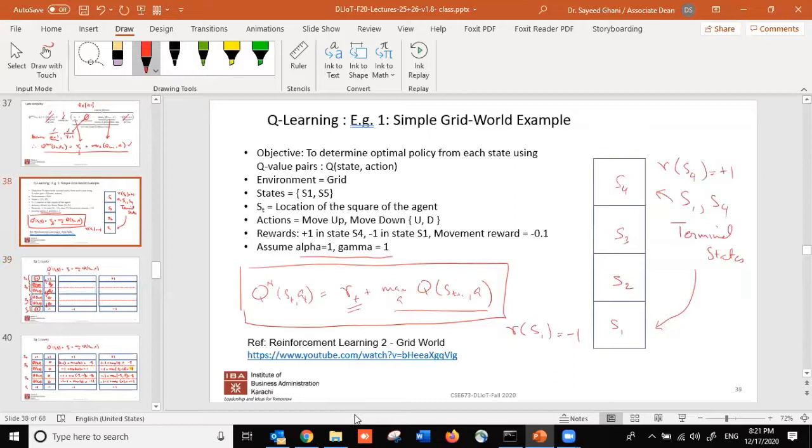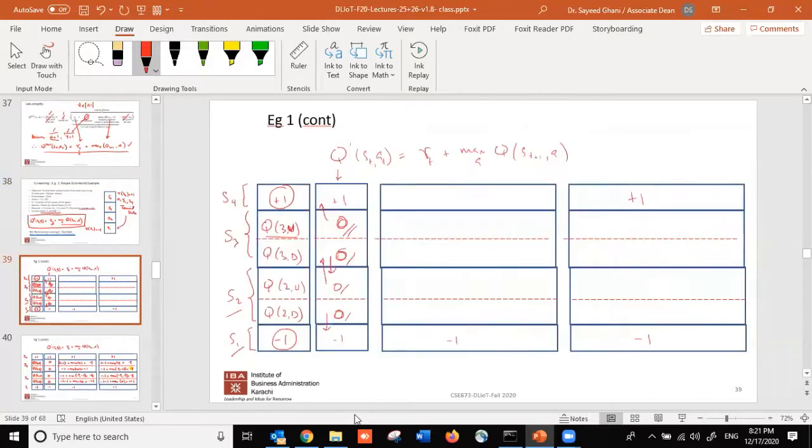Now, there is a movement cost as well. So we said the movement reward is -0.1. Okay, then it would be 0.9. So it would be -0.1 for the movement, +1 because once you get here, you get a reward of +1.